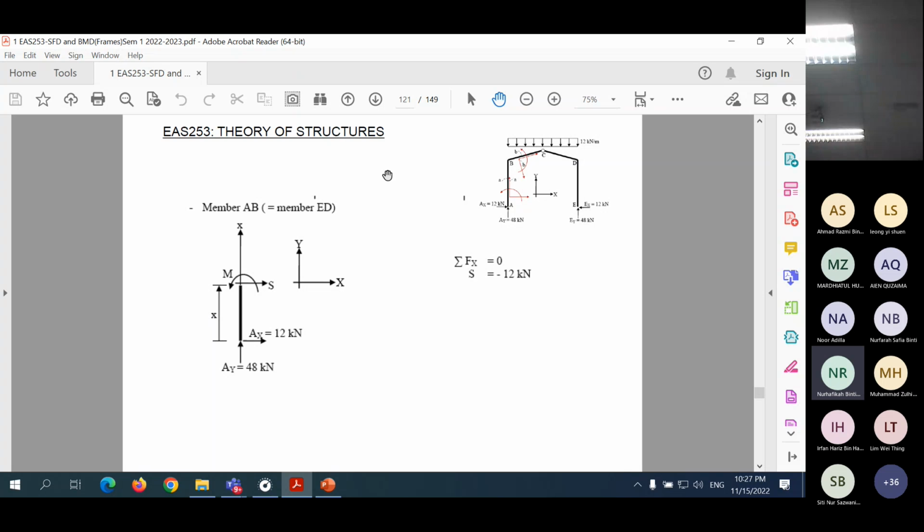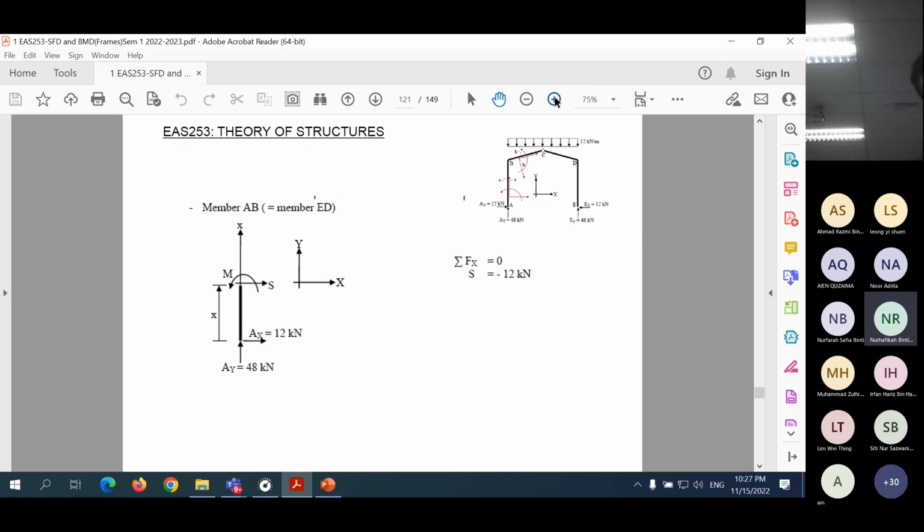Now, the vertical part, I think class, you have no problem now. The vertical part here, if you cut here, then you use this free body diagram. Positive X shear, positive bending moment, axial force, we leave it for later. Make use of this free body diagram, then we get shear constant, and we get bending moment as a straight line.